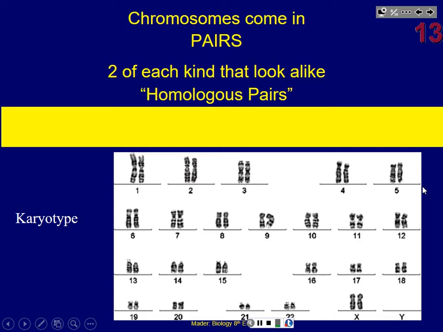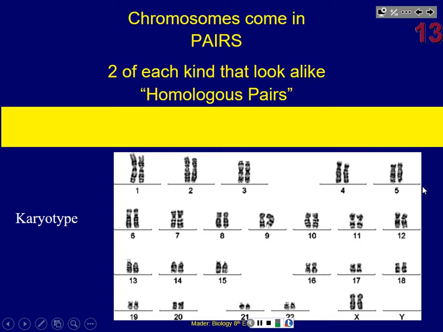Pair 3, one came from dad, one came from mom. So if your gene for eye color is on chromosome pair number 1, then you got a form of that gene from dad and a form of that gene from mom. And they're going to work together to make you who you are. Okay? Is everybody good with that?